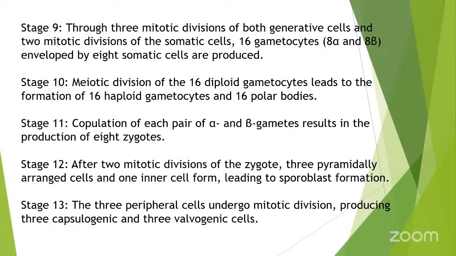After two mitotic divisions of the zygote, three pyramidically arranged cells and one inner cell form, leading to sporoblast formation. Then stage 13 includes the three peripheral cells undergoing mitotic division, producing three capsulogenic and three valvogenic cells.